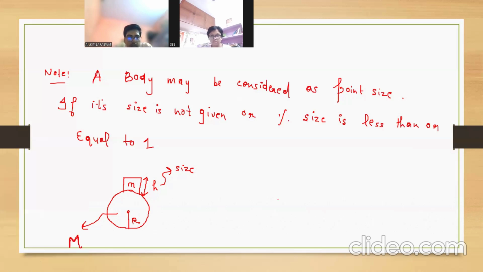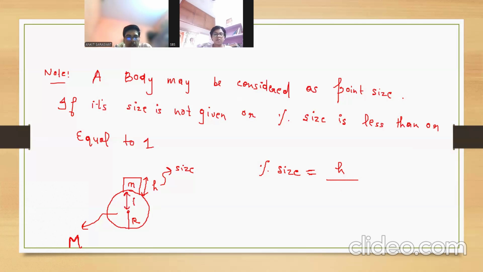Look here. What we have learned: how will you find percentage size? Size of this body is h divided by separation. Separation is how much? R, center to center.